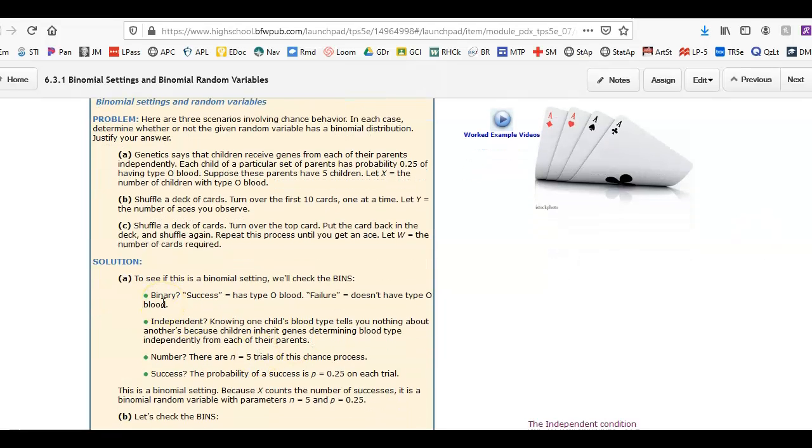Independence: knowing one child's blood type doesn't tell you anything about the next. You don't inherit genes determining blood type from your parents, so that would make sense that it's independent. Number of trials is fixed, 5. Probability of success stays 0.25 on every trial, so that is a binomial setting.